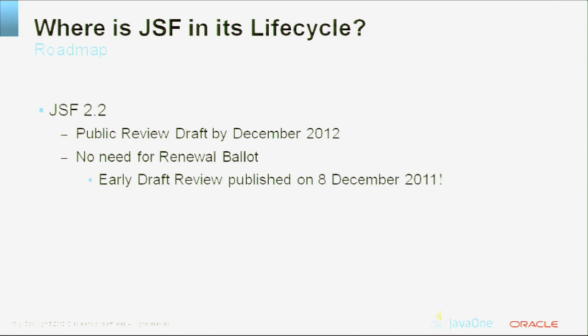We published an early draft review in November of 2011. And so our public review, if we have it out in early December, actually I was wrong. I said November. It says right there, early draft review published on 8 December. So if we get it out within a year of that, then we don't need to do the JCP renewal ballot, and everything should just be okay.